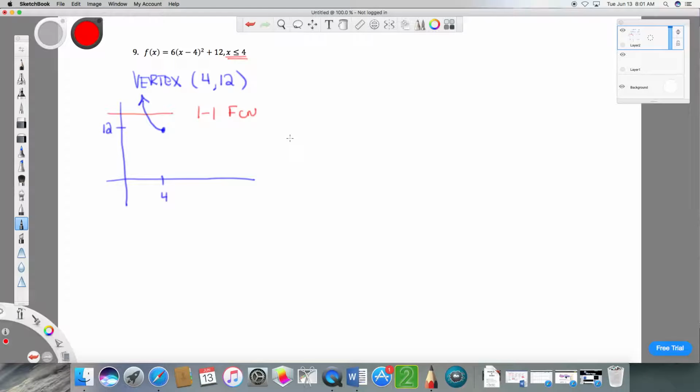All right, so when we're finding the inverse, we go back to x and y notation. So instead of using f of x, I use y equals 6 times (x minus 4) squared plus 12.